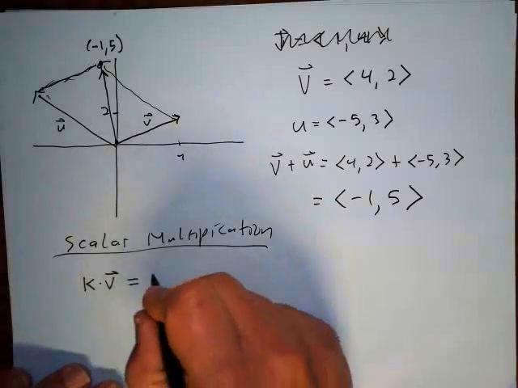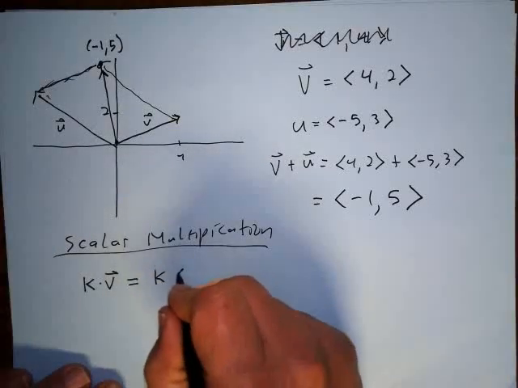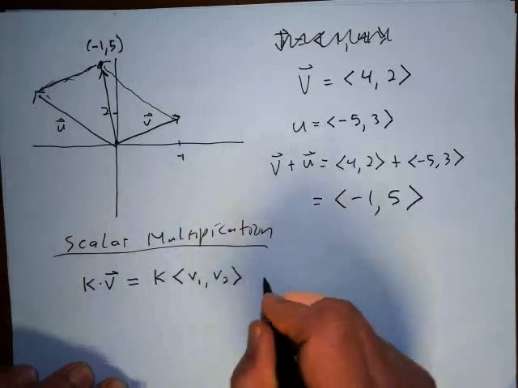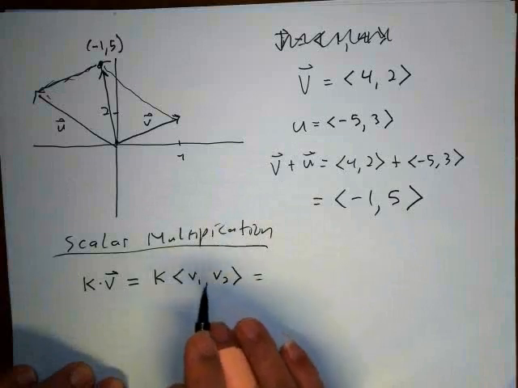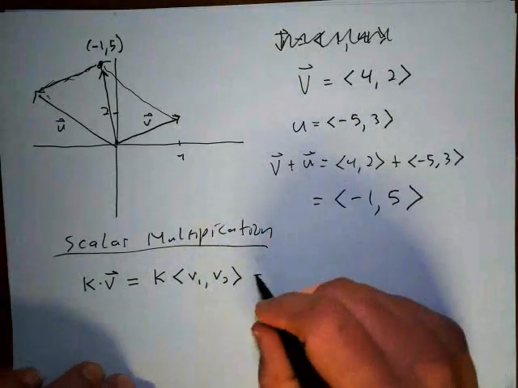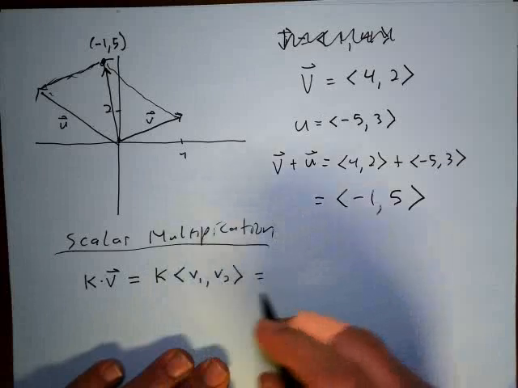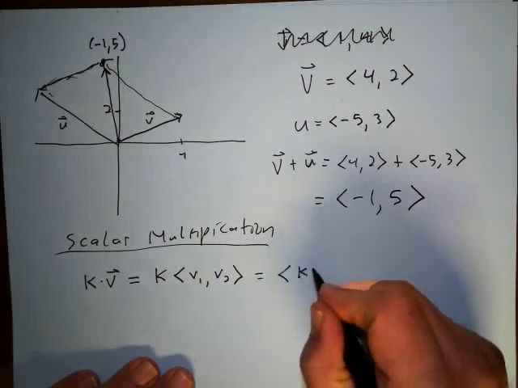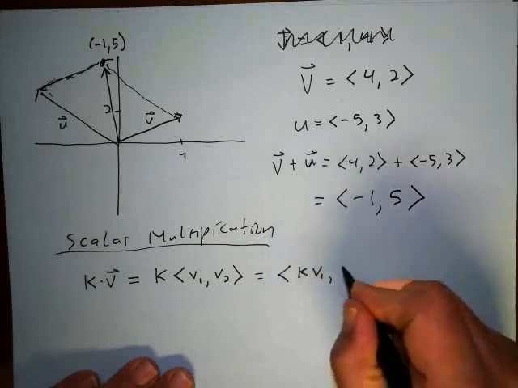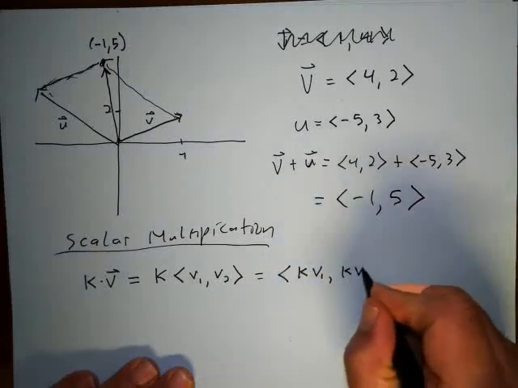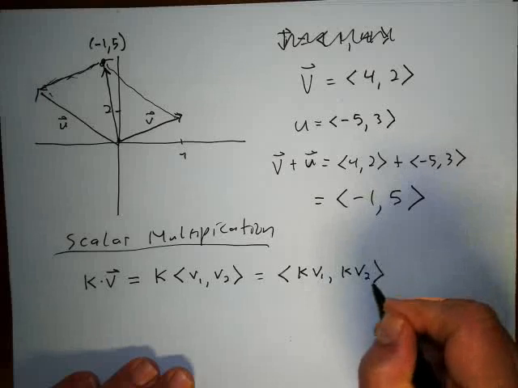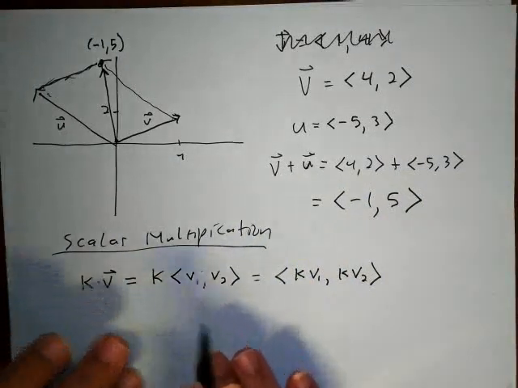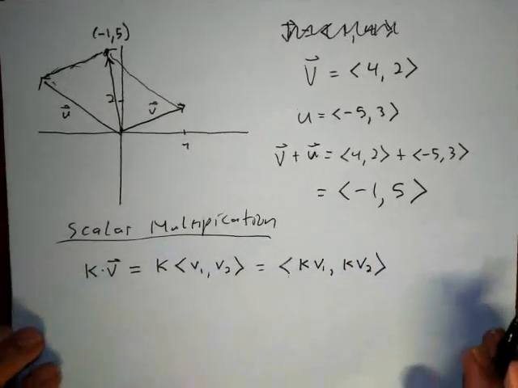And what this means is you're taking the number and multiplying it by this vector. We'll say it's v1, v2. And what you're doing is you're just multiplying the x and the y components by whatever number this is. So k v1, k v2. Okay, and the reason this is called a scalar is because this number scales the vector out.